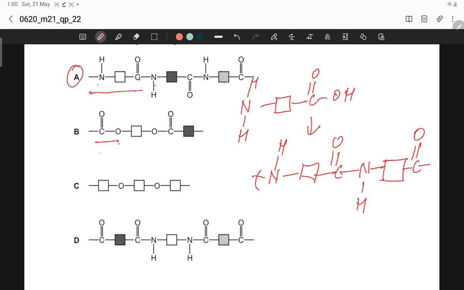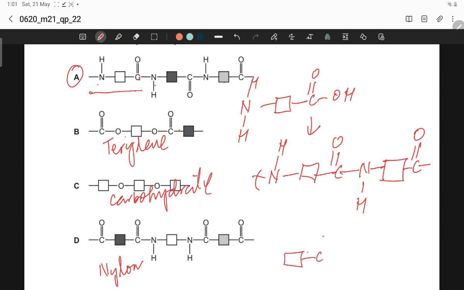This one has an ester linkage, so this molecule is polyester. This molecule is a carbohydrate, and this is nylon, because in nylon's structure two monomers are used.